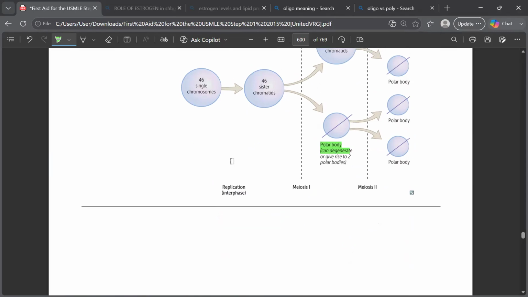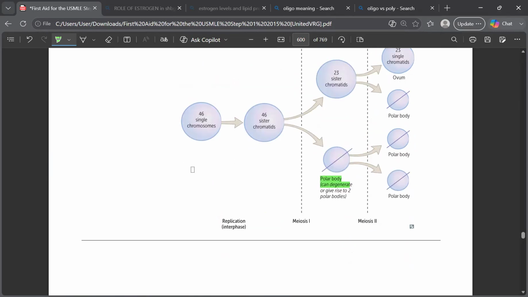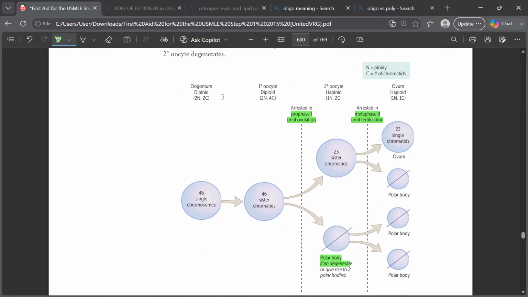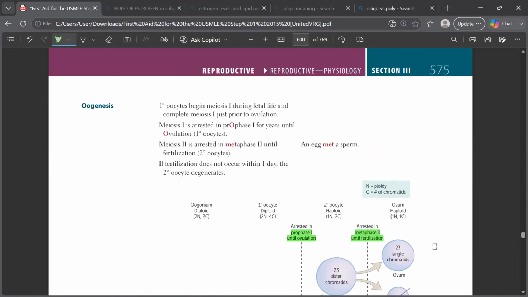And the 46 single chromosome phase is just the interphase for meiosis. The conversion of oogonium to primary oocyte is interphase. The conversion of primary oocyte to secondary oocyte is stuck in prophase 1, and the conversion of secondary oocyte to ovum is stuck in metaphase 2 because it is meiosis part 2. There is meiosis part 1 and then part 2.